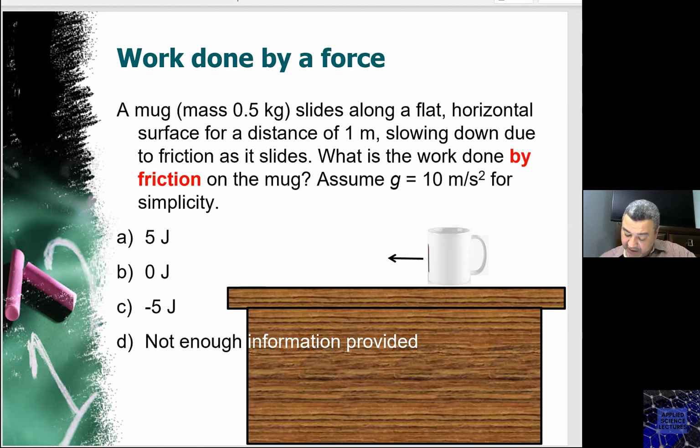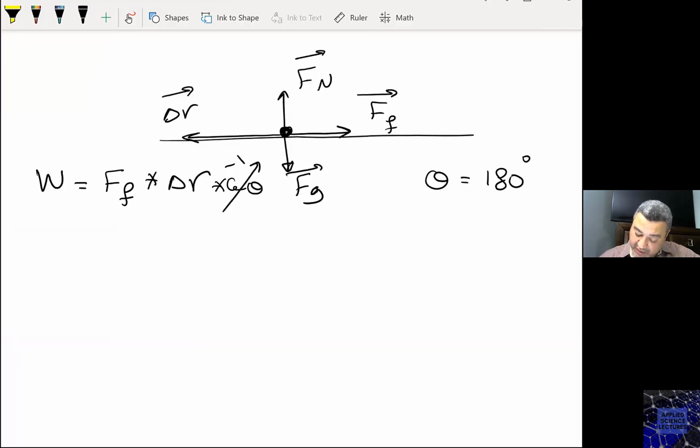So in this case, the best answer to this problem would be D, not enough information provided, because mu s is unknown. But this is how we solve it in general. You can calculate the F due to the friction, then you can calculate the work done by this force.